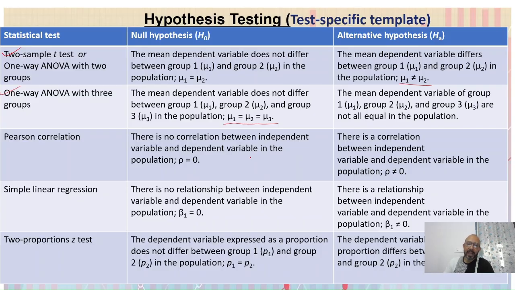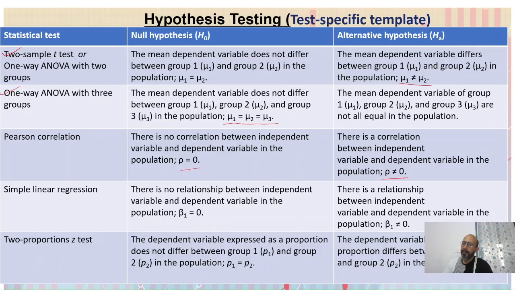Pearson correlation. Null hypothesis: there is no correlation between independent variable and dependent variable in the population. So rho equal to 0. Alternative hypothesis: there is a correlation between independent variable and dependent variable in the population.